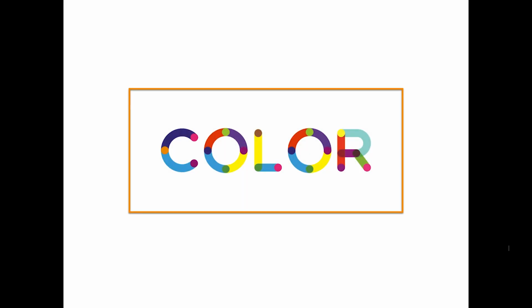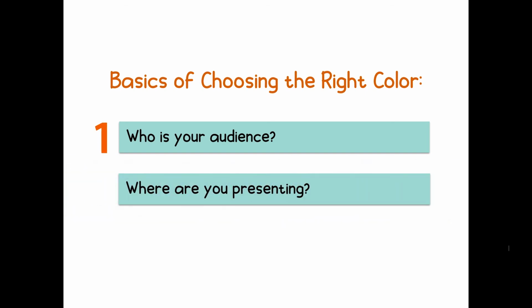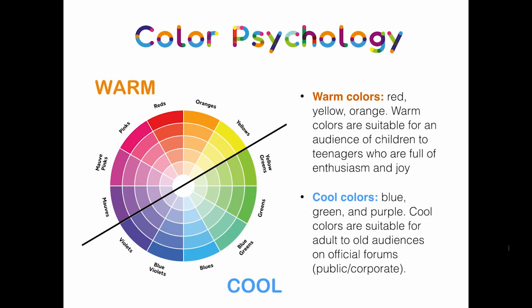Okay, the next element is color. Basics of choosing the right color: you must be able to answer the questions, who is your audience, where are you presenting, and what kind of presentation do you deliver? There are two types of color, warm and cool.